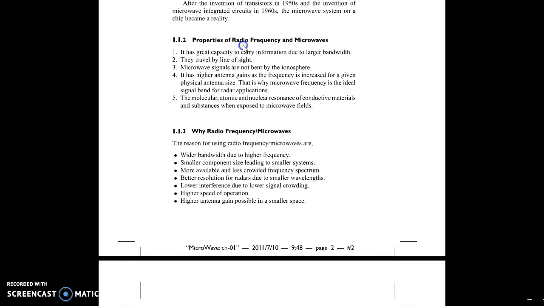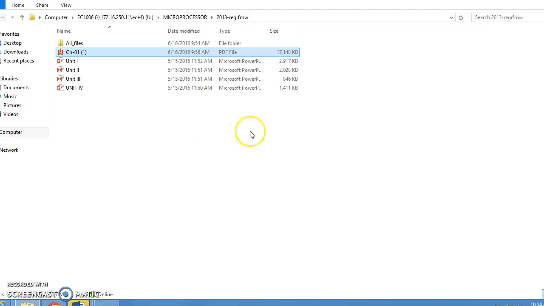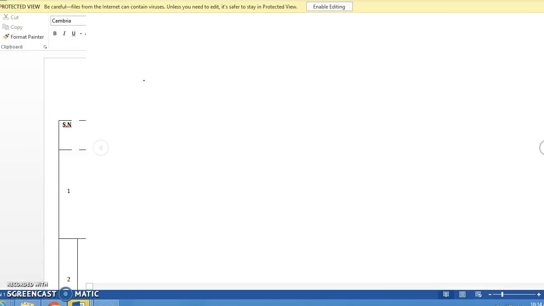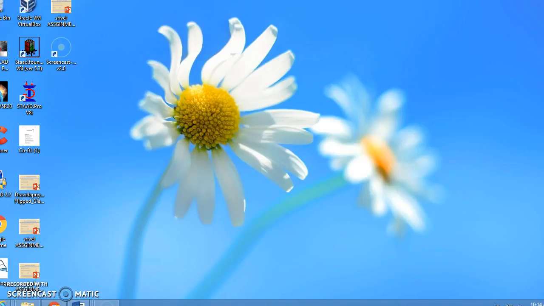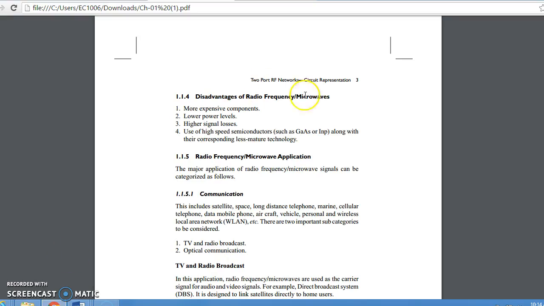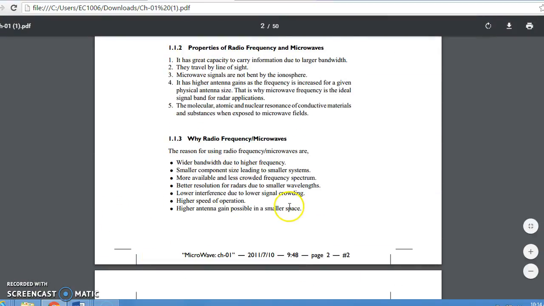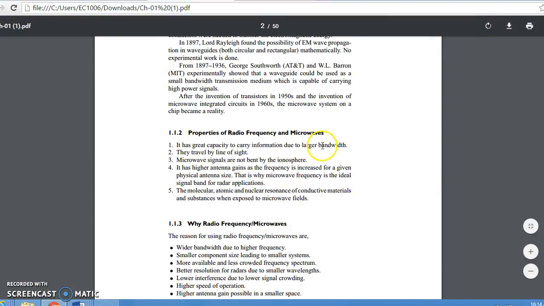Next we are going to discuss the properties of radio frequency and microwave signals. They have a great capability to carry information due to large bandwidth.